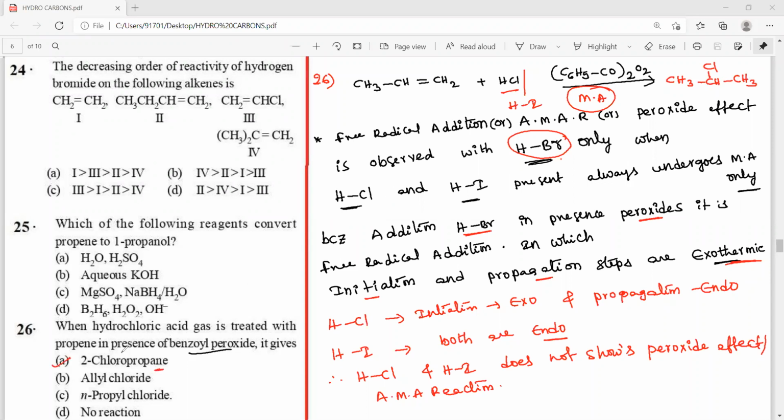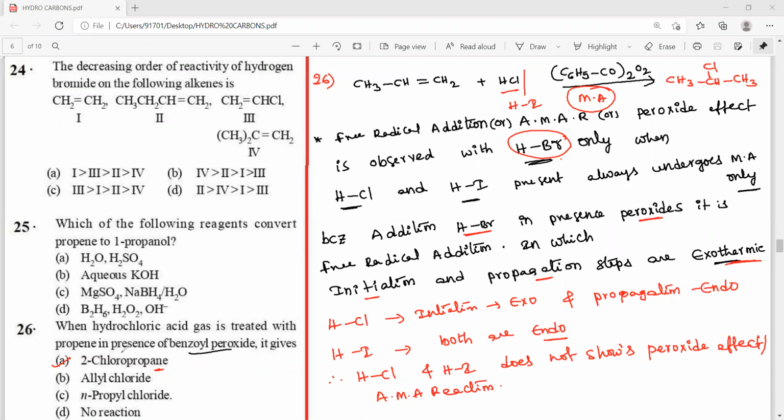2-chloropropane is the product, because the addition of HCl and HI, in the presence or absence of peroxides, follows only the Markovnikov addition rule. Anti-Markovnikov addition reaction is not possible with HCl and HI, because the initiation and propagation steps are not both exothermic, whereas with HBr both the steps are exothermic.